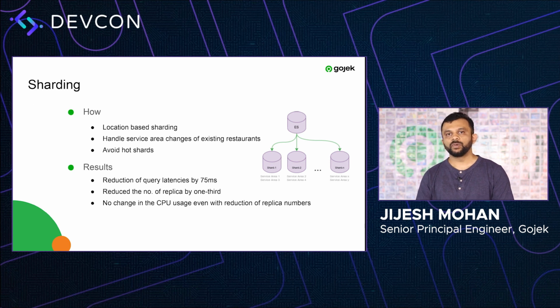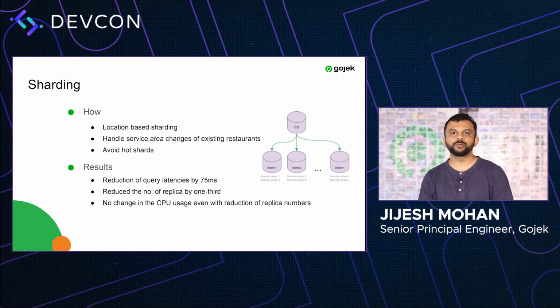And also we have to avoid hot shards. For example, the restaurants in service areas are not evenly distributed. Some service areas will have a huge number of restaurants, and some will have fewer. Now imagine two service areas with a large number of restaurants in the same shard.